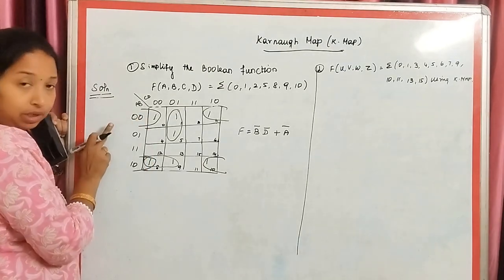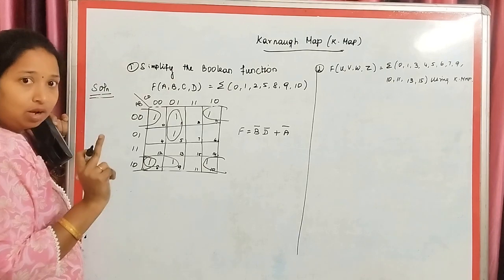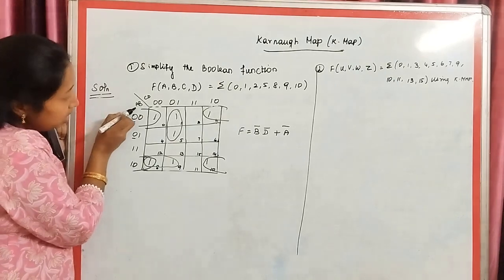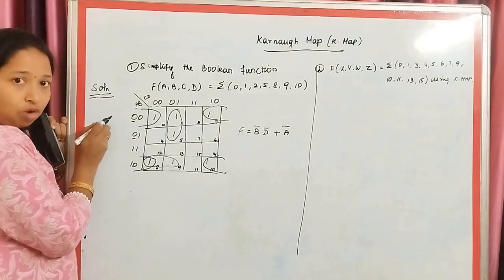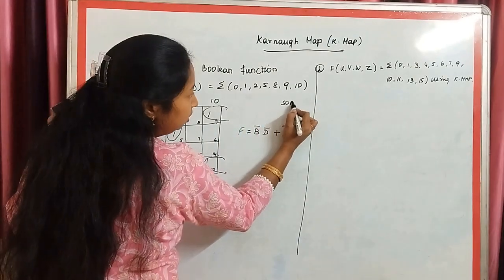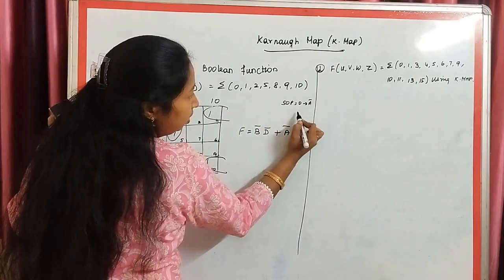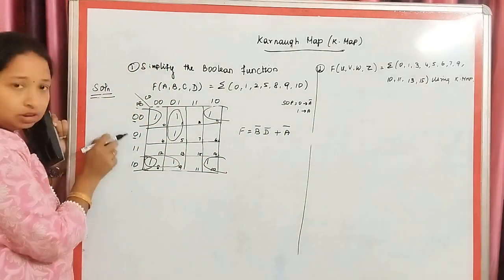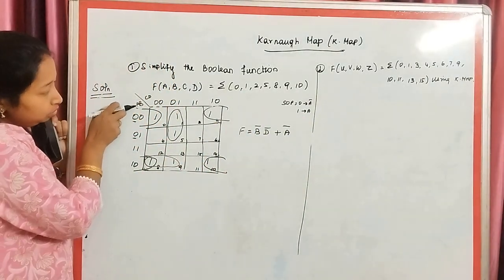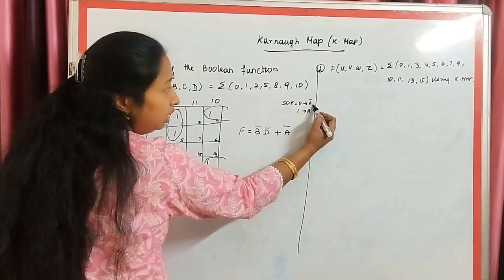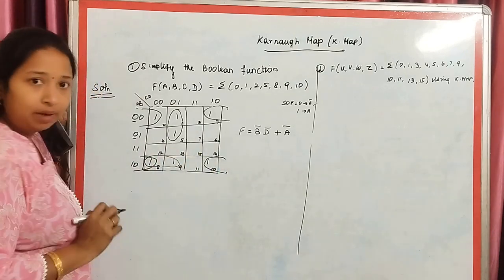So the second element we ignore, and we consider only the common term. The common term is only the first term, and the first term is for A, but it is in complemented form. Since in SOP, 0 is represented in complemented form and 1 in actual form. Here it is 0, so the variable is A, and since it is 0, we represent it in complemented form. That's why I put A bar here.